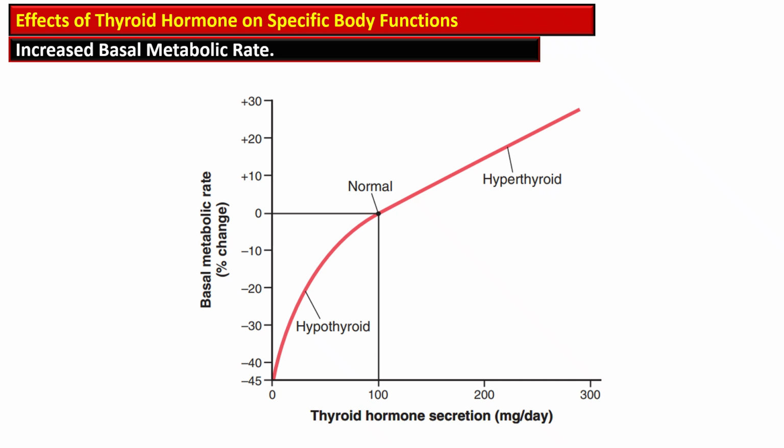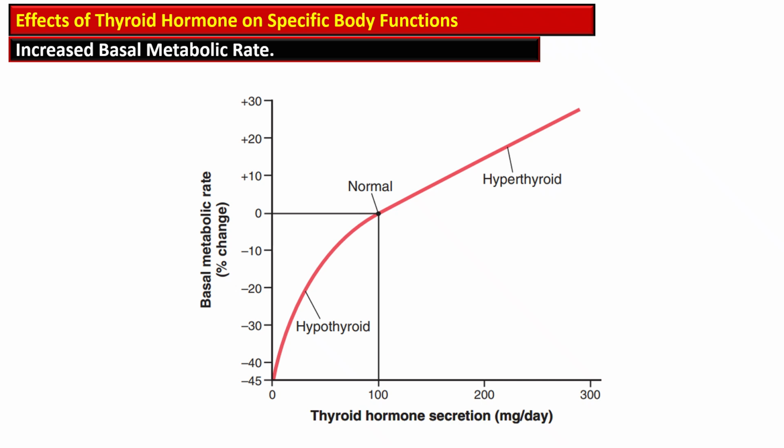So the body functions speed up, there is faster heartbeat, increased and rapid weight loss, and the person feels hot. And if the thyroid hormone is deficient, the BMR or basal metabolic rate drops to about 50% of the normal. Everything slows down. There is fatigue, weight gain, and cold sensitivity.